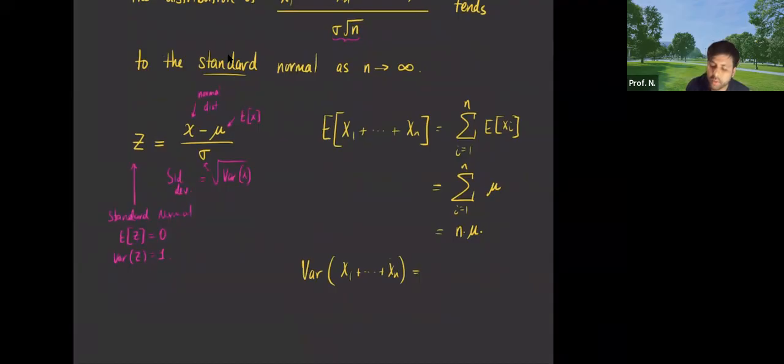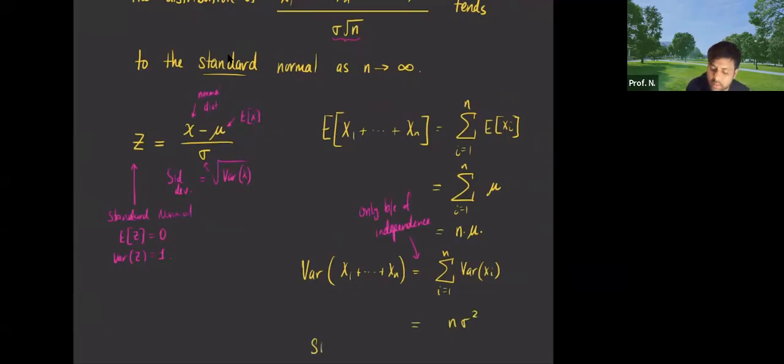Only because they're independent, I can take the variance of the sum as the sum of the individual variances. If they're not independent, then we're going to have something called covariance that appears, and that gets a little more computationally heavy. So each variance is sigma squared, but you have n of them. You have n sigma squared.